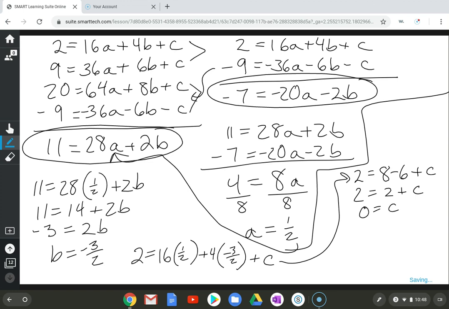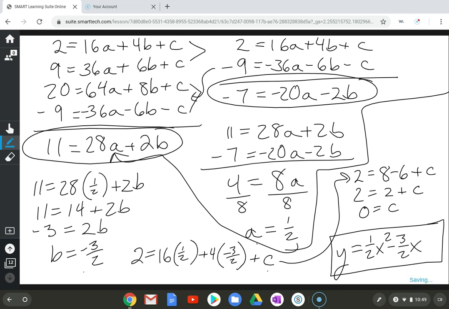So our final equation would be 1/2 x squared minus 3/2 x plus 0. Remember that a, b, and c were the coefficients. I'm going to write that up here.